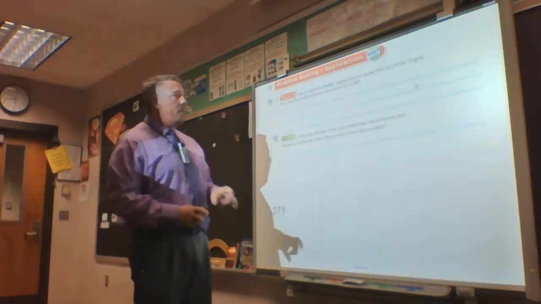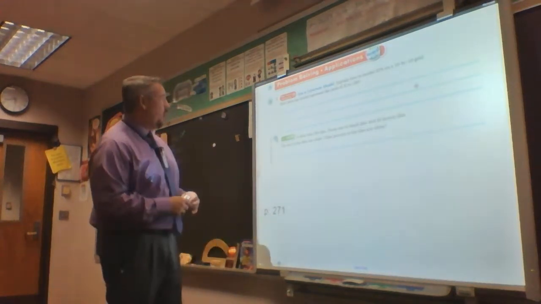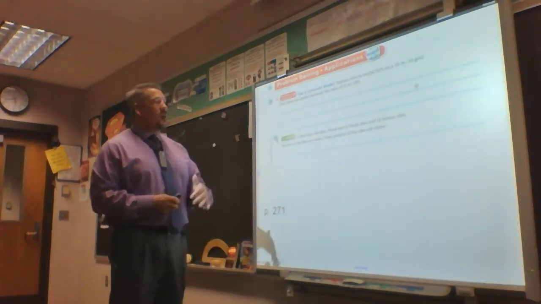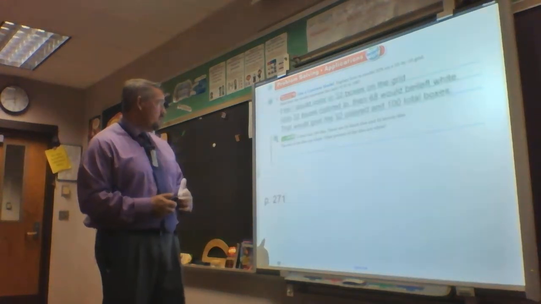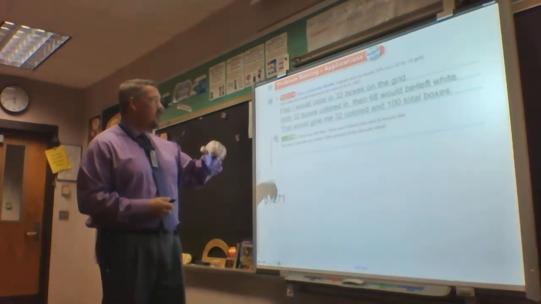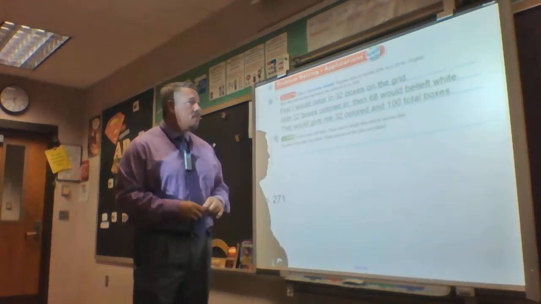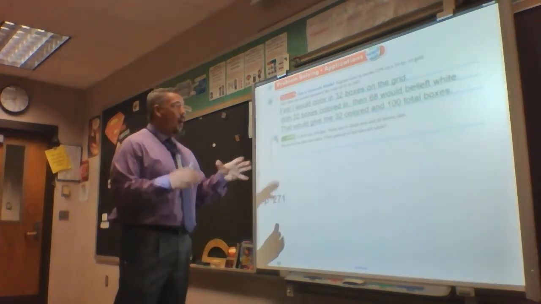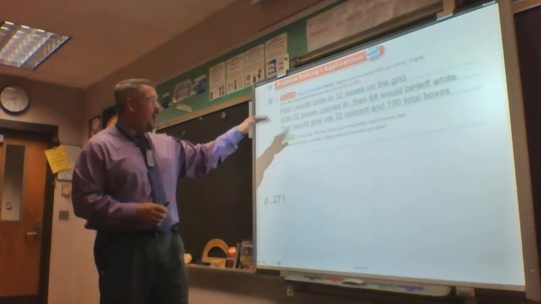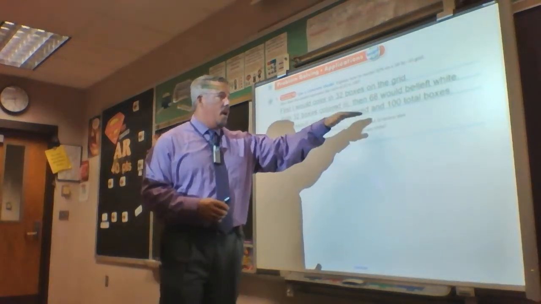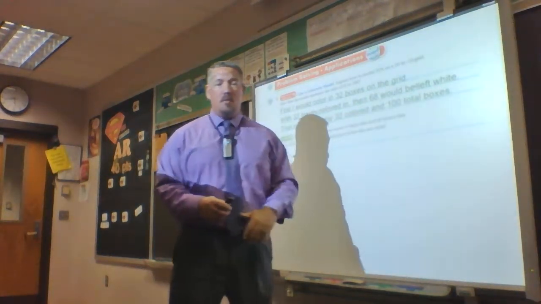Explain how to model 32% on a 10 by 10 grid. How does the model represent the ratio of 32 of 100, or to 100? So first, I would color in 32 boxes on the grid. With 32 boxes colored in, then 68 would be left white, and that would give me 32 colored and 100 total boxes.